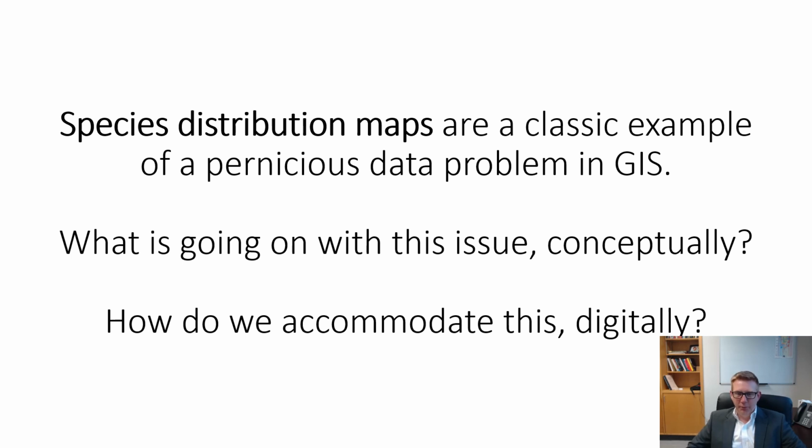One of the problems, and I've mentioned this frequently, is that you take your first GIS class and you learn about points, lines, and polygons, and before you know it, you're thinking about everything in terms of points, lines, and polygons, and you forget that that's an abstraction. And in some cases, it models reality very, very poorly. And so species distribution maps are a really good example where polygons don't work very well at all.